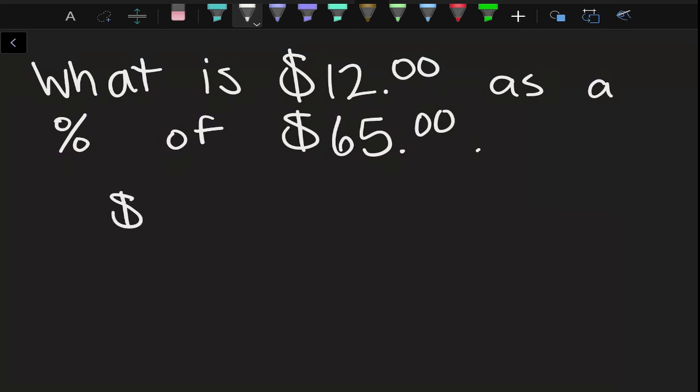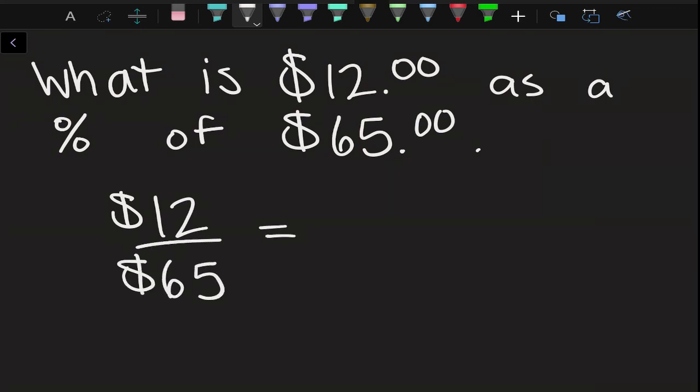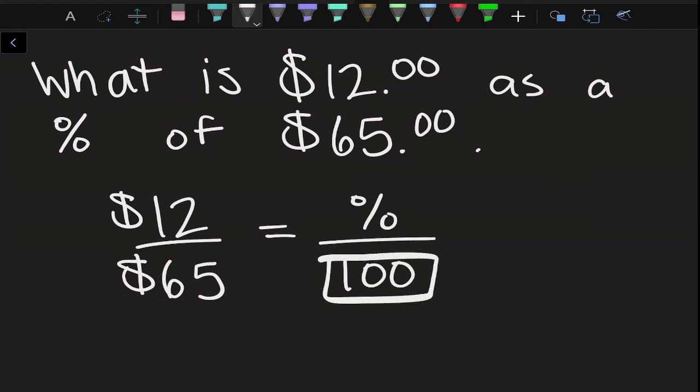Going to have $12 over, well, I'm going to get rid of the decimal because I don't need it, over $65 is equal to some percentage out of 100. Okay? And we're using 100 because if we remember, percentage means parts of 100. So doing something over 100 is going to give us exactly what this percentage is.